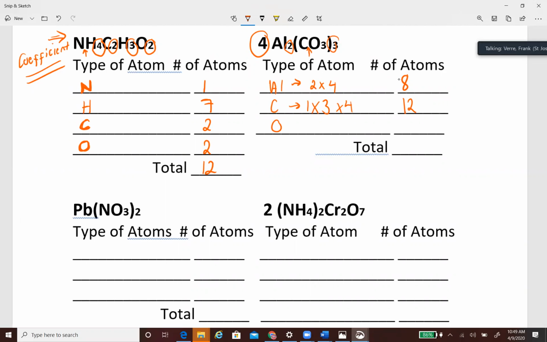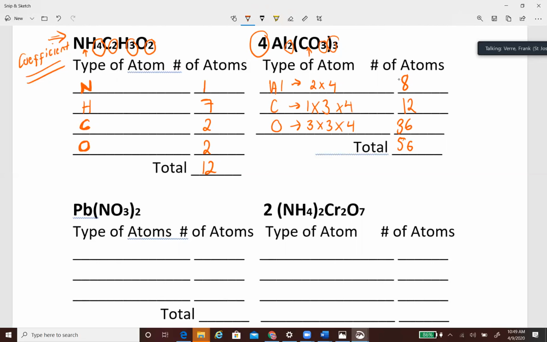Okay. If I look at oxygen, there's a 3. So there's my subscript. There's a 3 outside the bracket, which means I have 3 of everything in the bracket. And there's a coefficient. So that would give me 9 times 4 being 36. So the total number of atoms in this case would be 56.